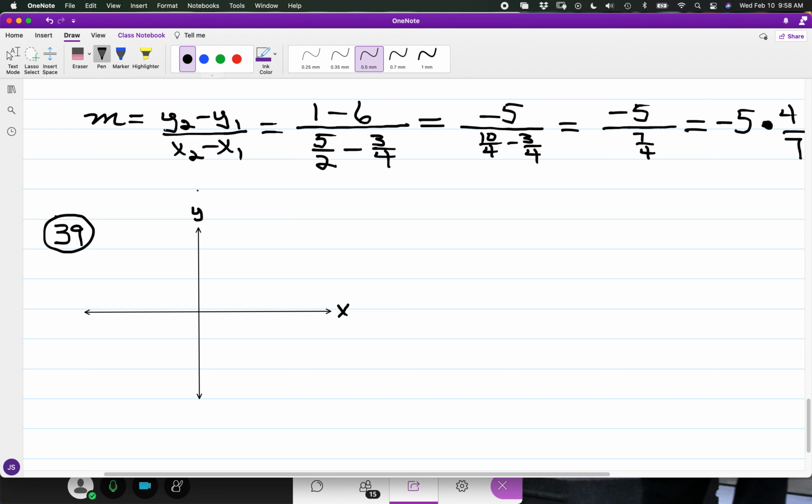And from your book, you can pick out a couple of points. On the y-axis, you have the line at 0, 2, and if you look at the grid pattern, the line is going to run through the ordered pair 3, 1.